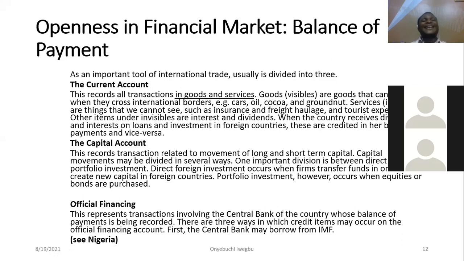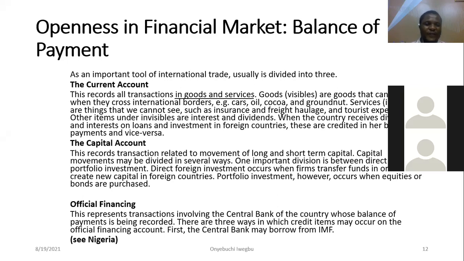So the account that explains this particular transaction is our balance of payments. In the balance of payments, we have three types of accounts: the current account, the capital account, and the official financing. The current account is where you register your transactions in goods and services.